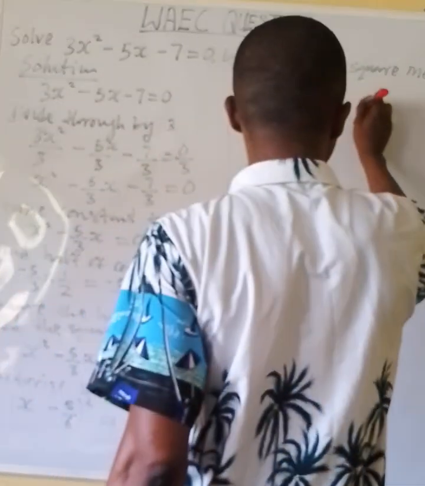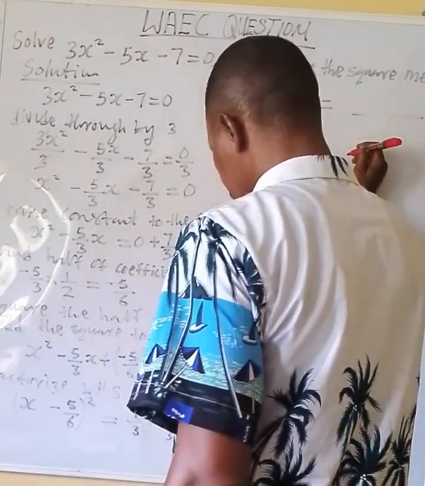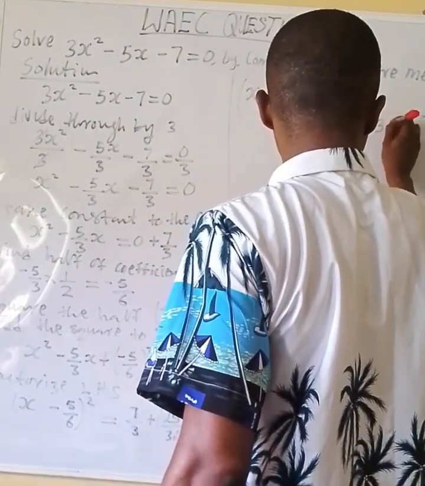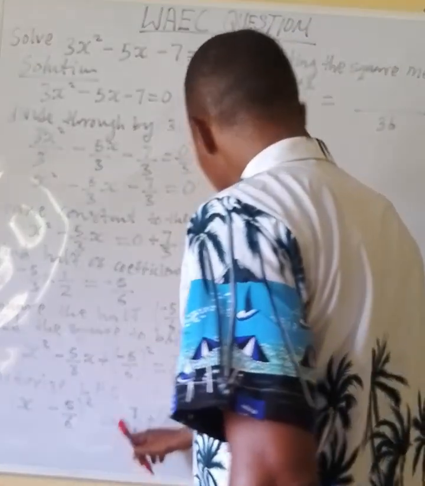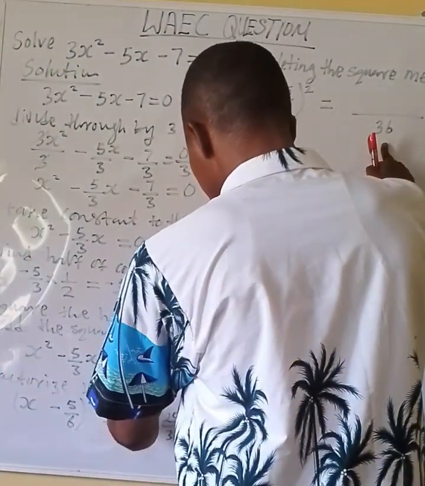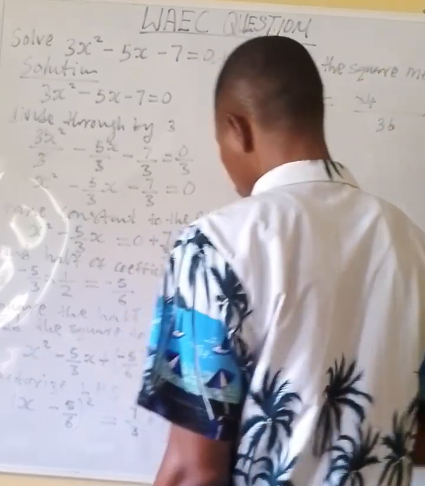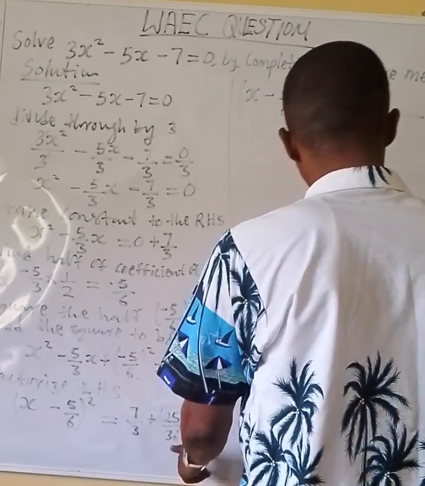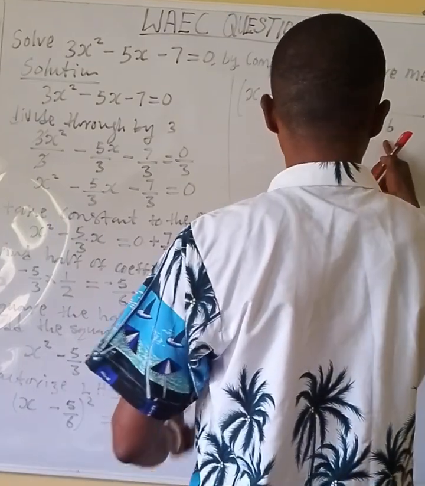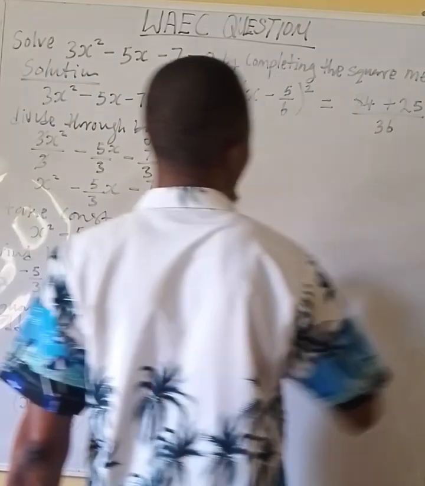So the LCM that we are going to find now, what is the LCM of 36 and 3? So we are going to use 36 as LCM. How many times 3 can go into 36? That's 12. Then 12 times 7 will give us 84. Then how many times 36 can go into 36? 1. 1 times 25 plus 25. Are we together now?